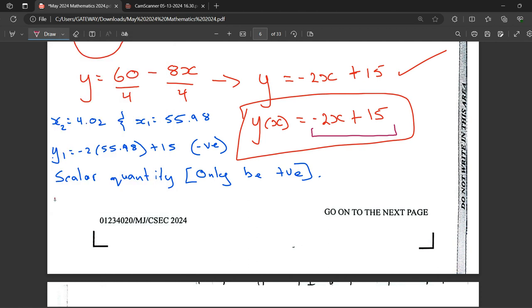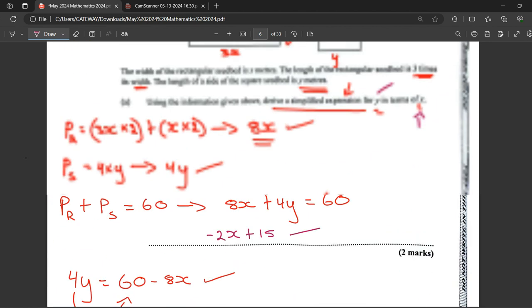So let me try y2. That is equal to negative 2 multiplied by 4.02 plus 15. I'm pretty sure you're going to get a positive value here. So it makes sense to use the value x2, 4.02.